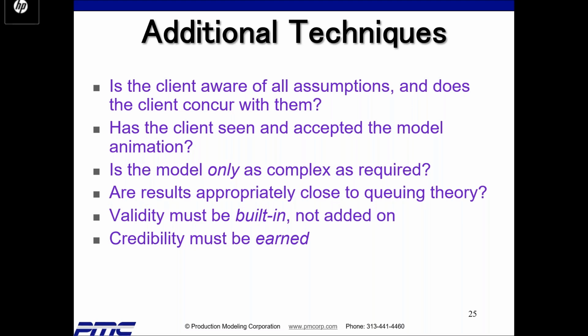The model should be KISS, keep it simple, only as complex as required. Queuing theory out of a textbook can be used as a partial guide in local parts of the model. You cannot add on validation like putting a hat on a horse. You have to build it in order to earn credibility.